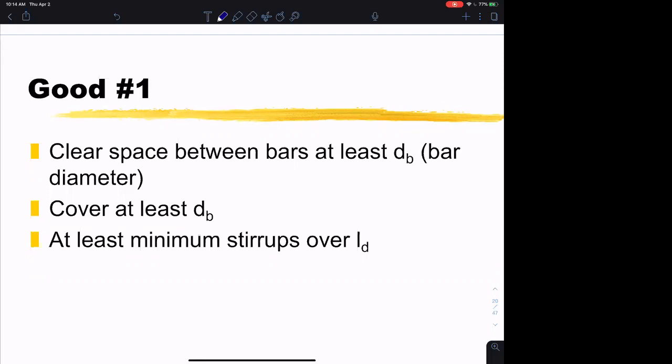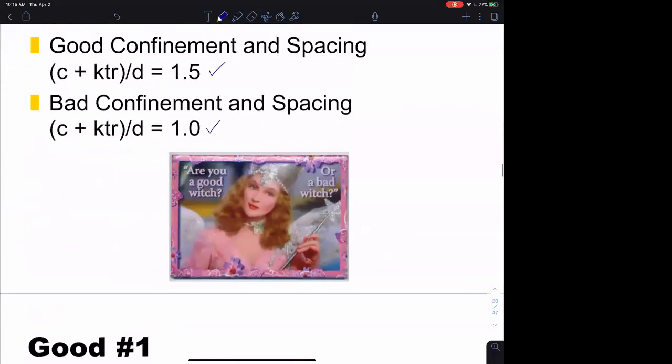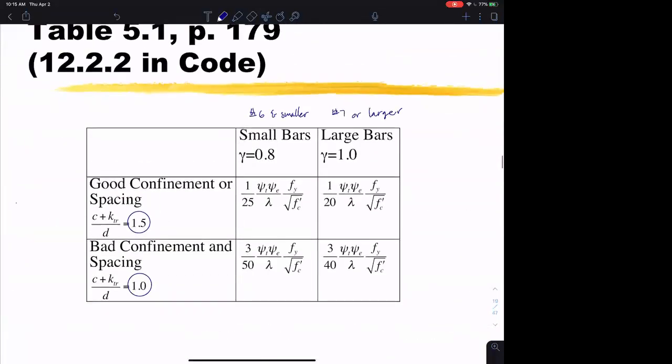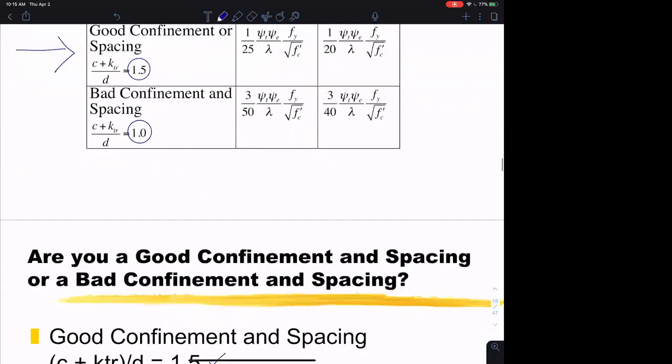You will always have a space of a bar diameter, and you will always have a cover of a bar diameter. So this really is it, right? You have at least minimum stirrups. So if you have stirrups, you are here, okay?